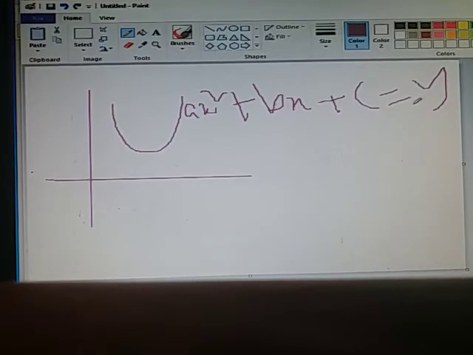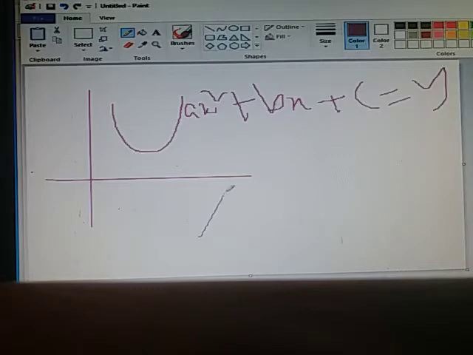Sometimes we have complex roots of this equation. When it intersects the x-axis, then we will have real roots, but it is not intersecting the real line. So that is why it doesn't have real roots, it has complex roots.